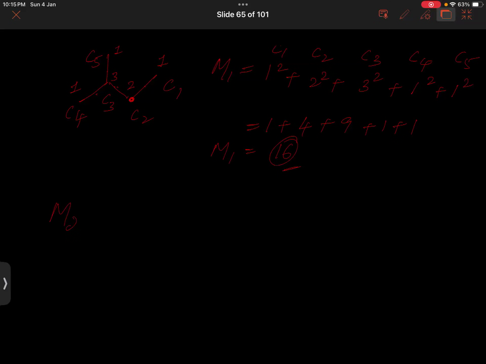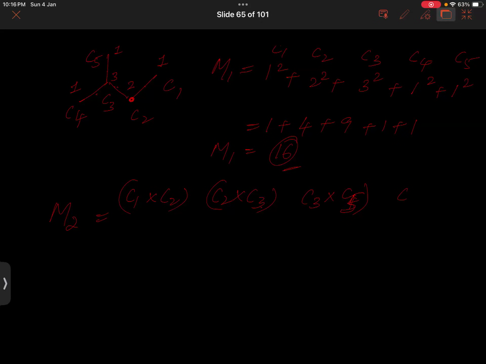Let me calculate M2 for this. So M2 is the product of C1 into C2, C2 into C3, C3 into C4, C1 into C2, C2 into C3, C2 into C3, C3 into C5 actually.